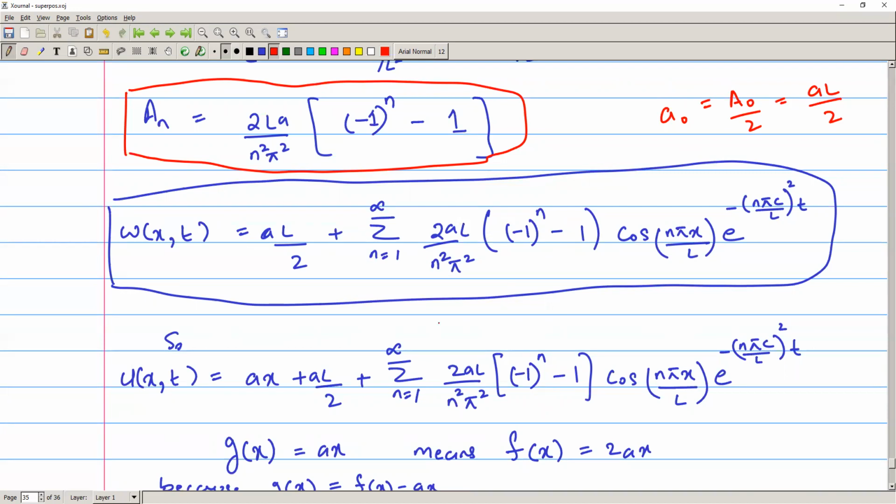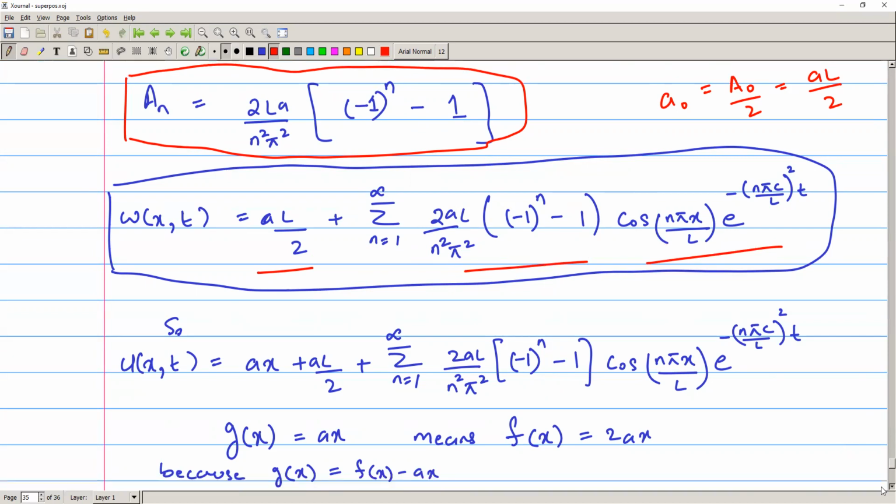So this is al over 2 plus sigma n equals 1 to infinity, an times cosine n pi x over l times e to the power negative n pi c over l squared t.